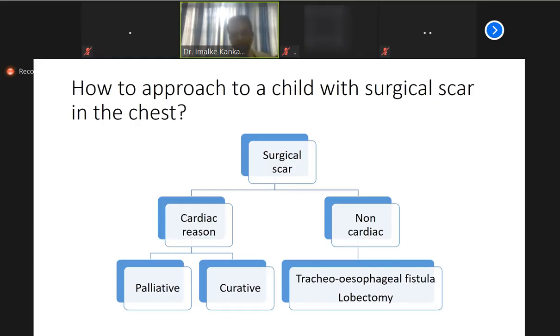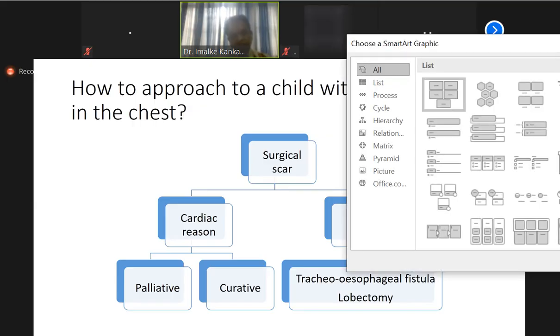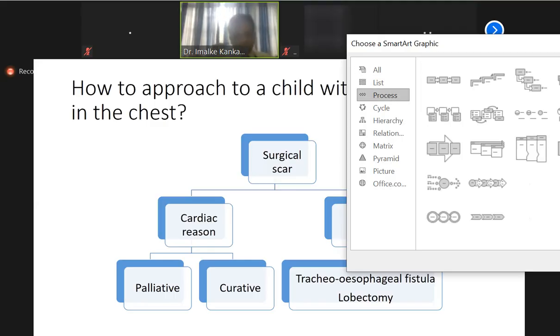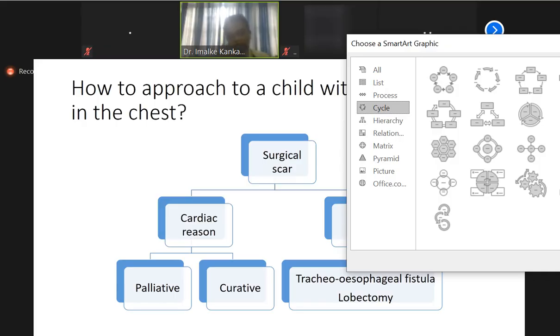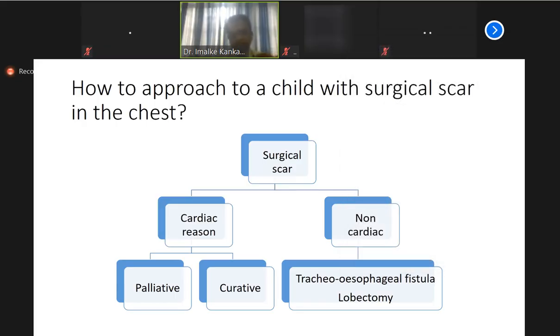If you see a surgical scar in the chest in your cardiovascular system examination, it may be related to the heart, maybe not related to the heart. If it is cardiac related, that surgical scar could be a palliative procedure or a curative procedure. If it is non-cardiac, a lateral thoracotomy scar could be due to tracheoesophageal fistula as well.